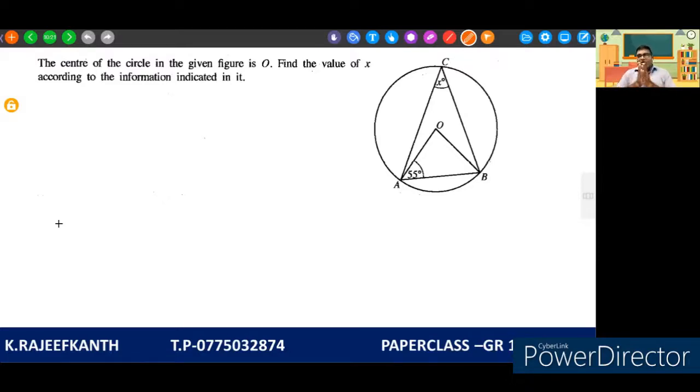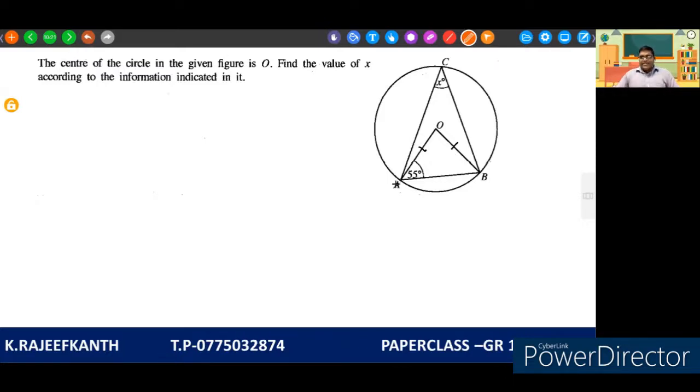Here O is the center, so we can mark that OA and OB are equal because those are radii. Radii are always equal, right? Here OA and OB are radii of the circle, so those two should be equal.